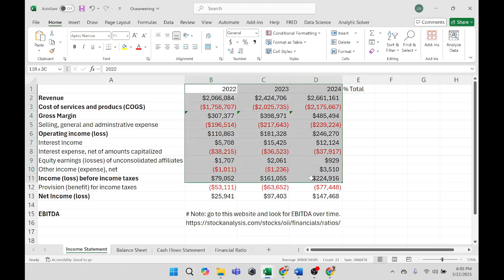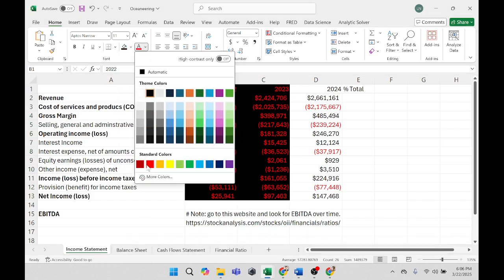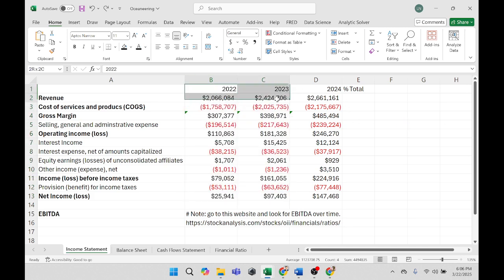For this one, I'm not going to care about these. I'm just going to talk about the percentage total of 2024 only. So this column only.